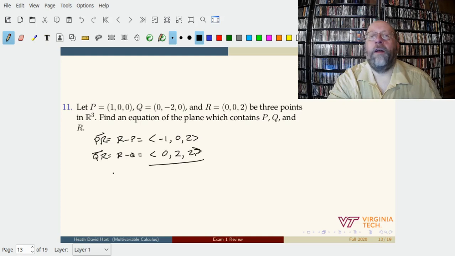Their cross product is 0 minus 4, -2 minus 0, and -2 minus 0.